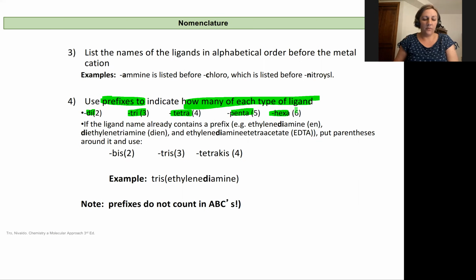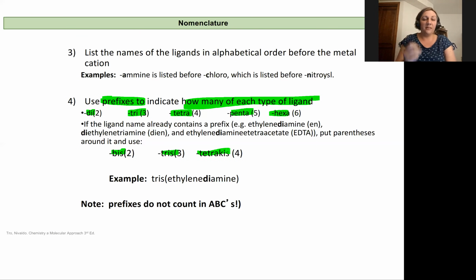And so the one time that we don't use this, and I wish we just had one method or another, is if the name of the ligand already has one of those prefixes embedded in it at the beginning or in the middle, we aren't going to use it. It would be super confusing. And so we differentiate for things like diethylenamine or ethylene diamine tetraacetate by using bis, tris, or tetrakis to say 2, 3, or 4 of these ligands.